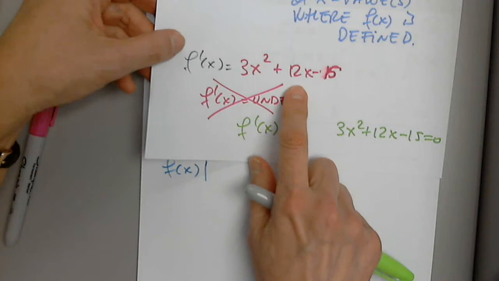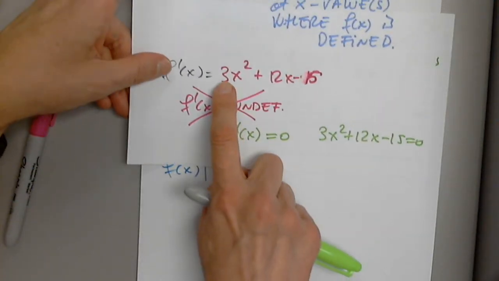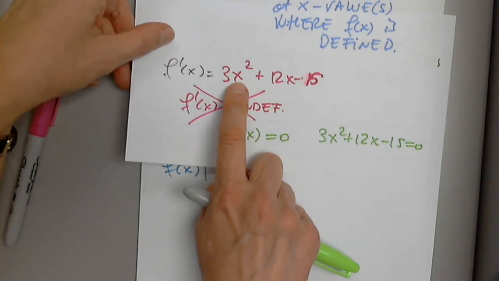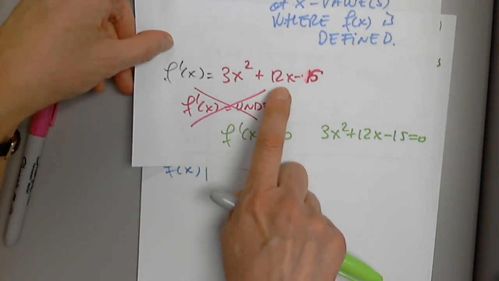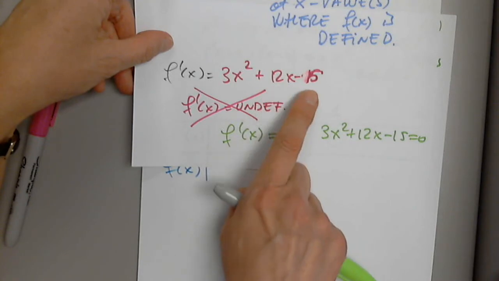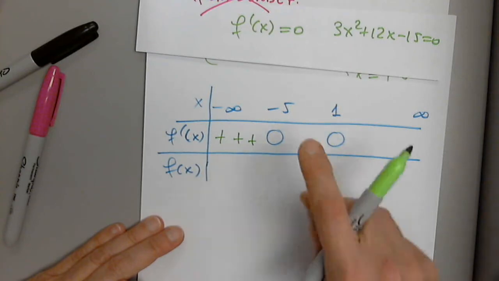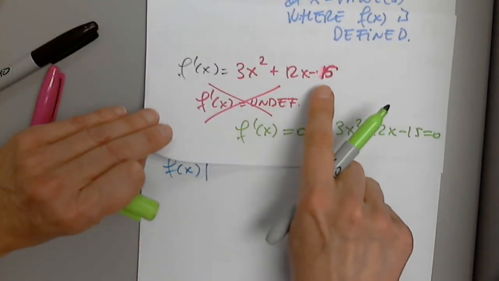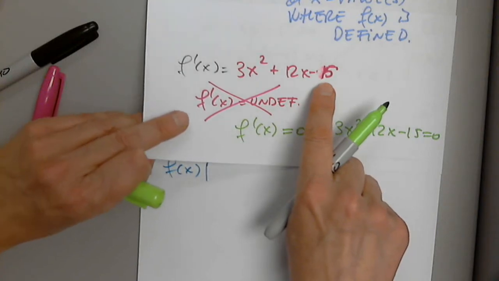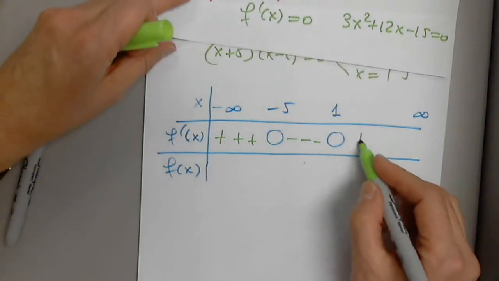So for this function, let's plug in -10. 3 times 100, 300 minus 120 and minus 15. What is the sign? Very good. Now it's easy because I have 0 in between. Let's plug in 0. Negative. And on the other side, if I plug in 10, I'll have positive.